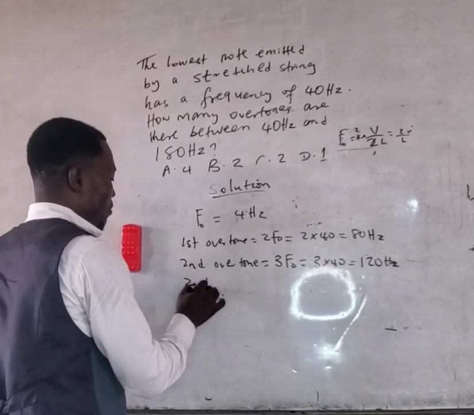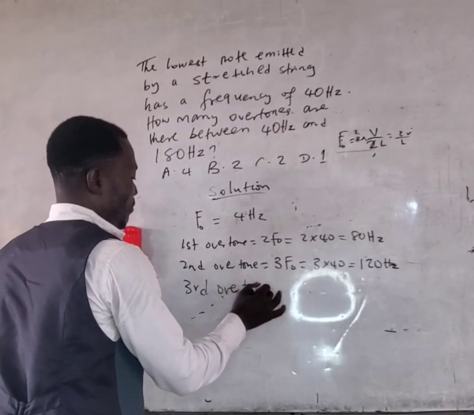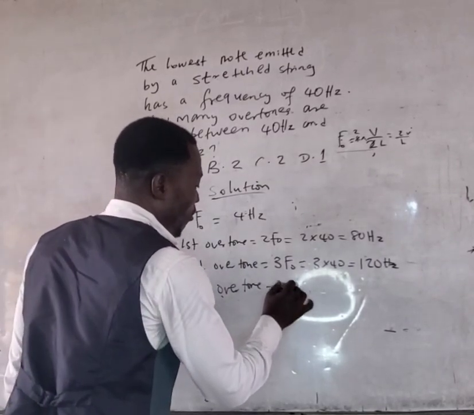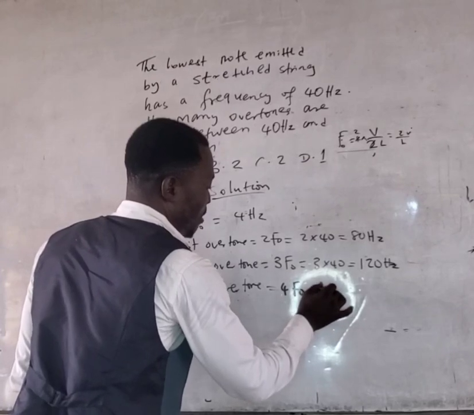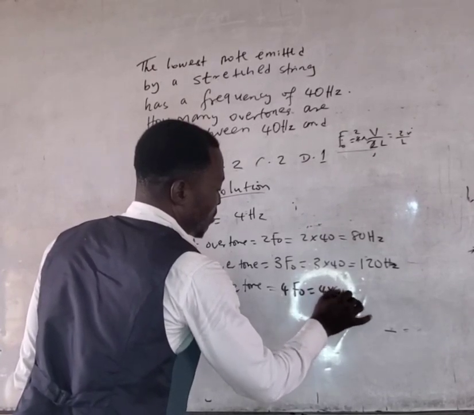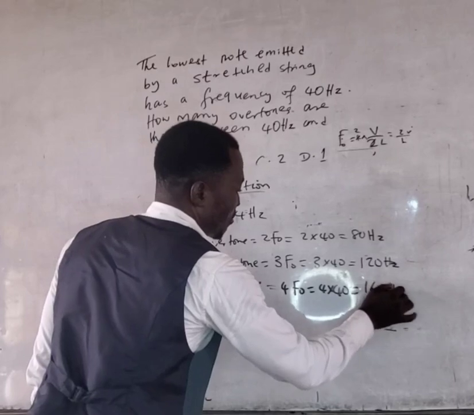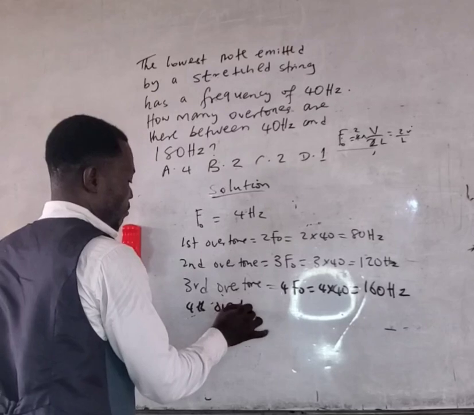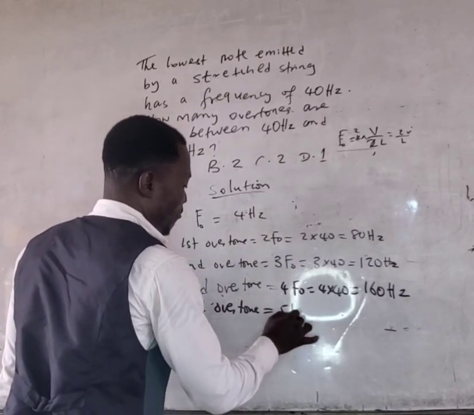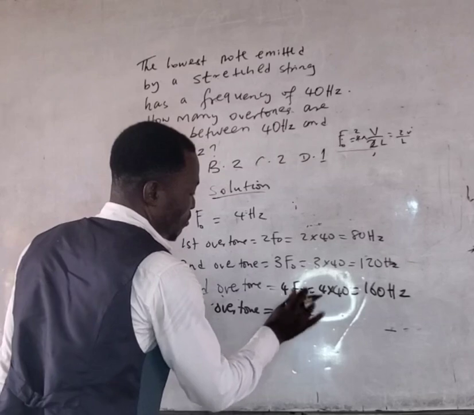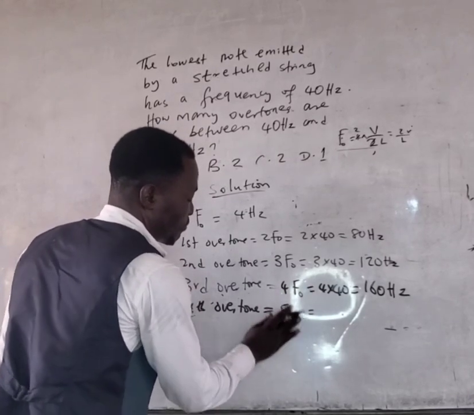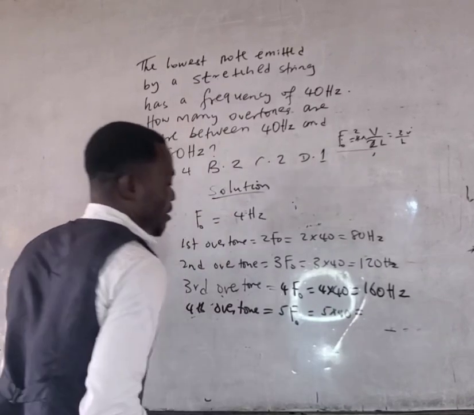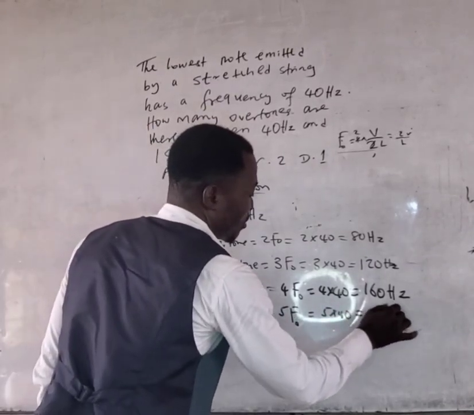The third overtone is going to be 4FO, which is 4 times 40, and that is 160 Hz. Then the fourth overtone is equal to 5FO, which is 5 times 40, and that is 200 Hz.